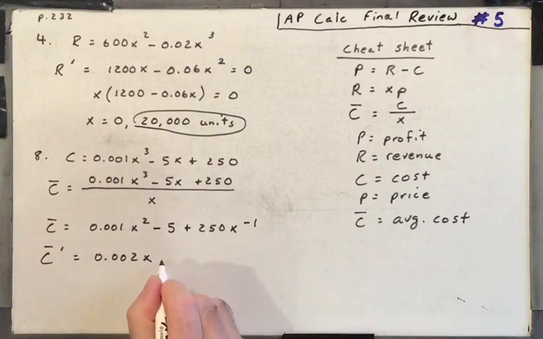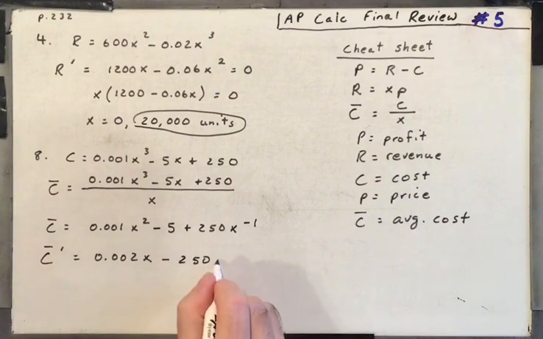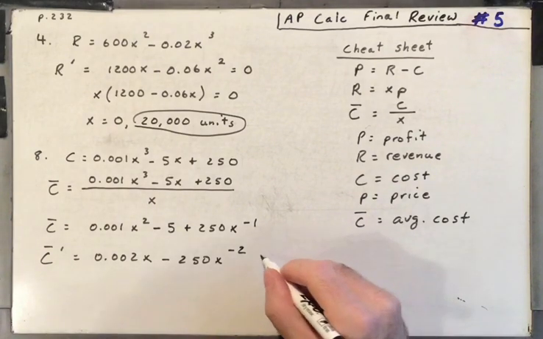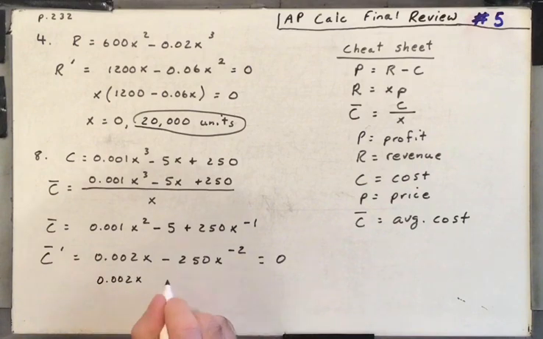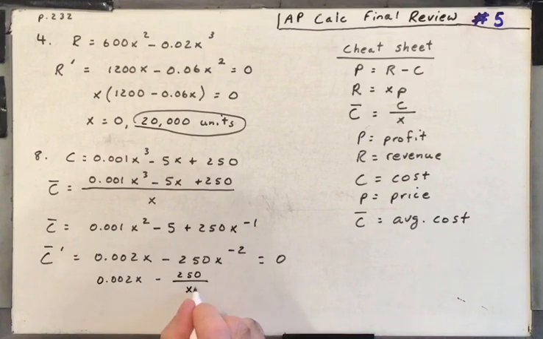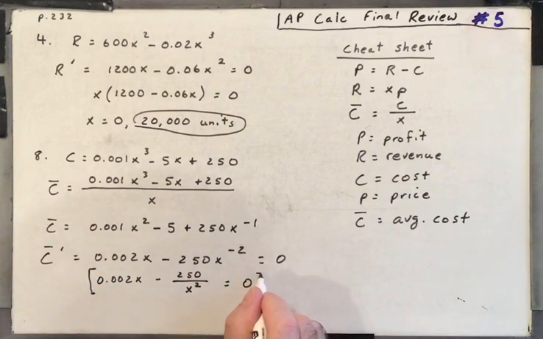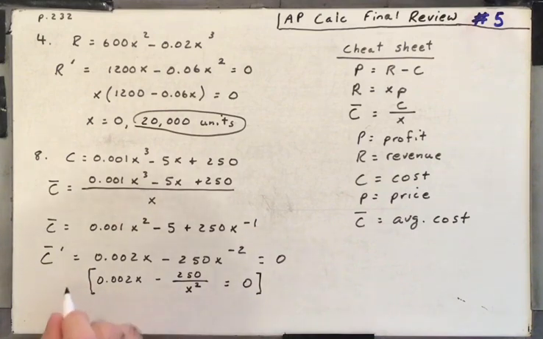Now C bar prime would be 0.002x minus 250x to the minus 2, and we're going to set that equal to 0. So that's 0.002x minus 250 over x squared equal to 0. How could I get rid of that x squared? I could multiply everything by x squared.